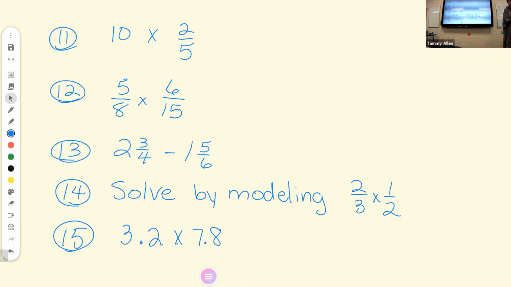Today, we're going to continue on with fractions and whole numbers. Fractions and whole numbers. Let's get our books out.